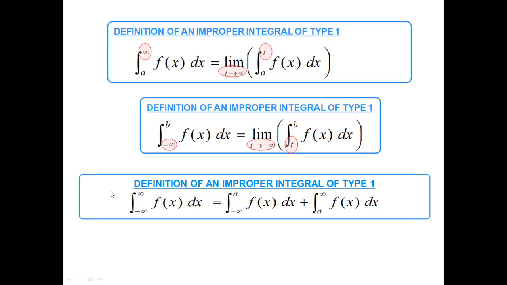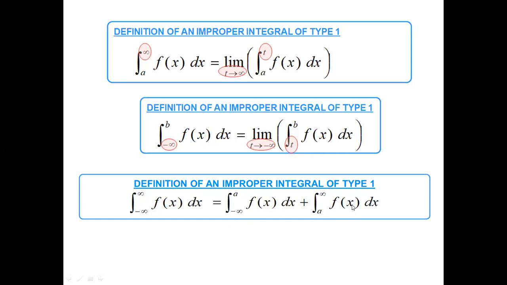This one is equivalent to two separate integrals. You can have negative infinity to a in the first integral, the same function of x. But since you ended with an upper limit of a, that becomes the lower limit of the next integral of this same function, but this time the upper limit is infinity.